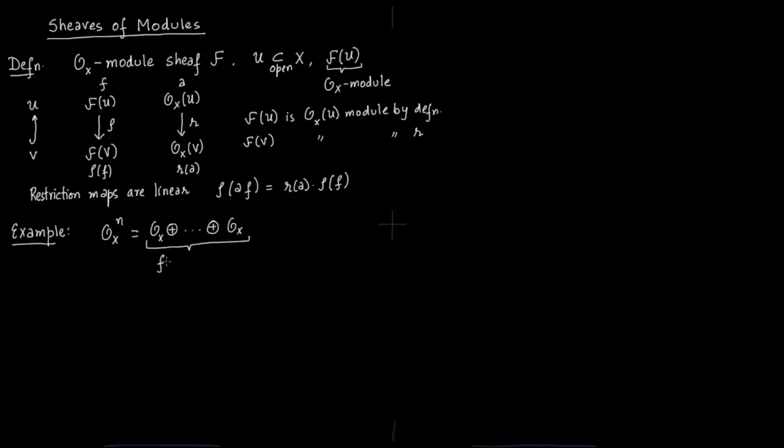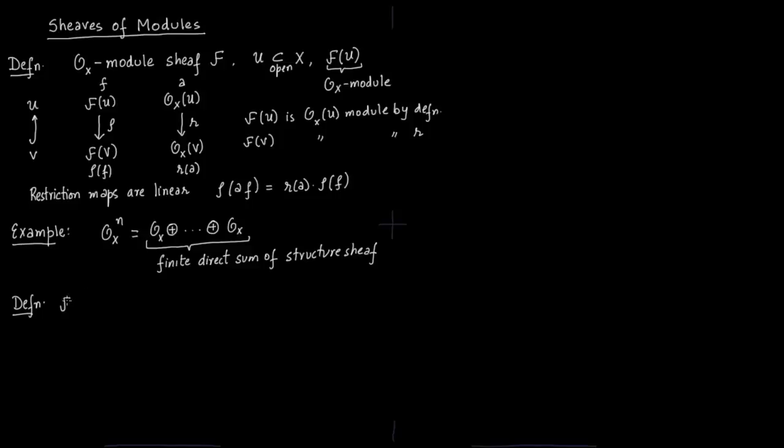We are taking this as a finite direct sum. N could be 1 also. The simplest example is n equal to 1.